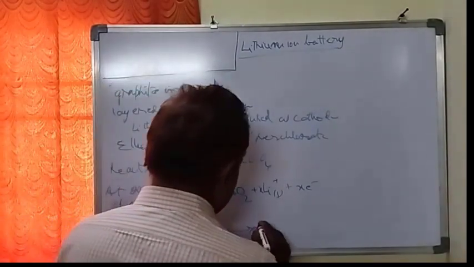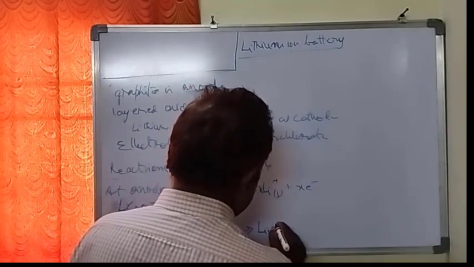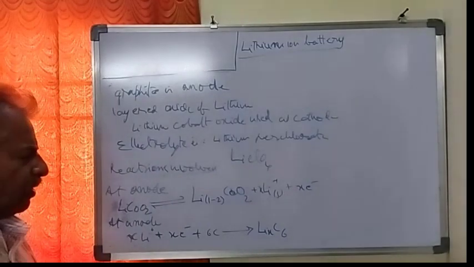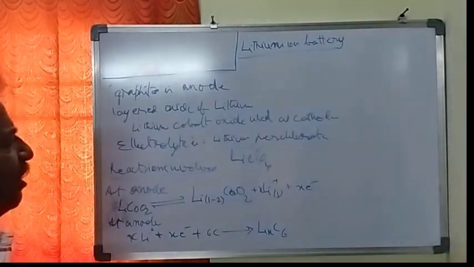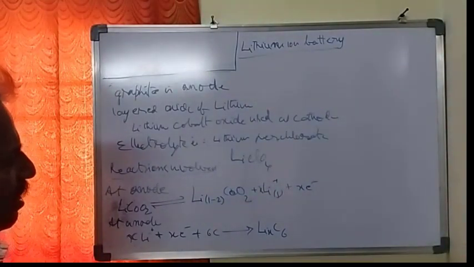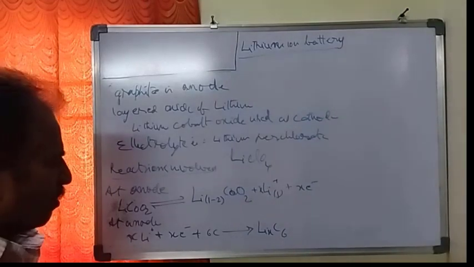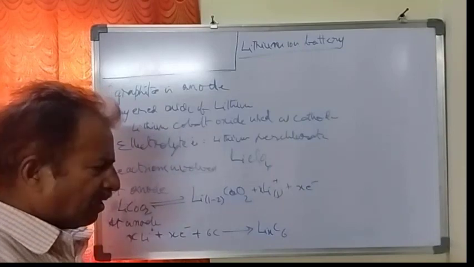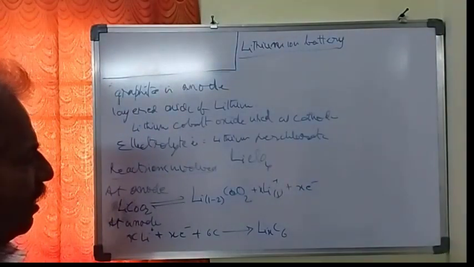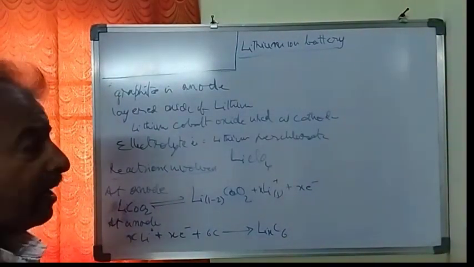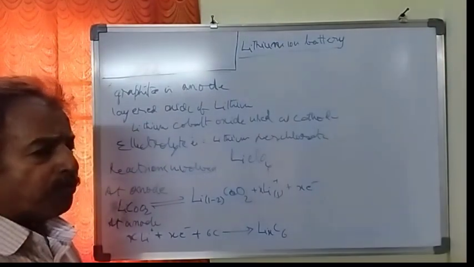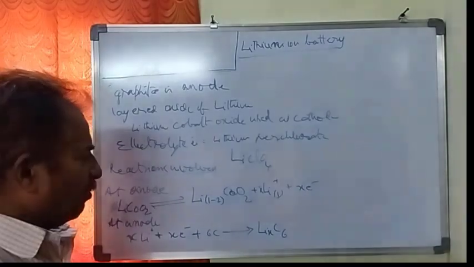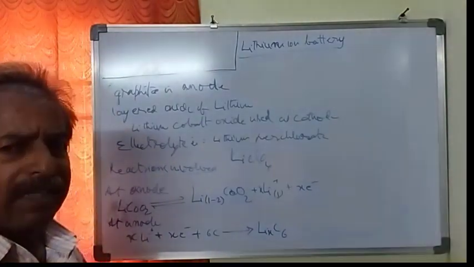So this becomes LiX C6, lithium carbide. So this is the lithium ion battery. Lithium ion batteries are widely used in cell phones, laptops, etc. And nowadays lithium ion batteries are used in electric vehicles also. The most important task of the lithium ion battery is that it is used in electric vehicles.